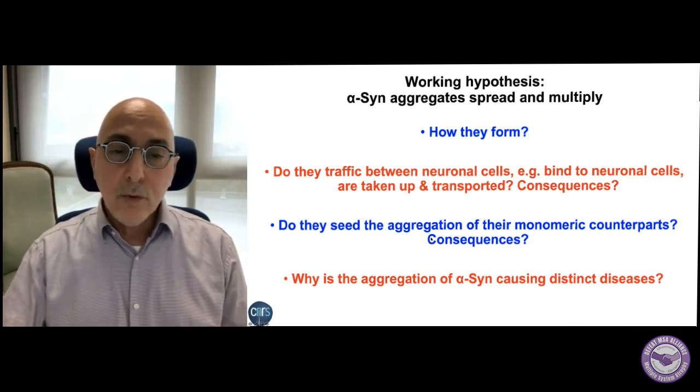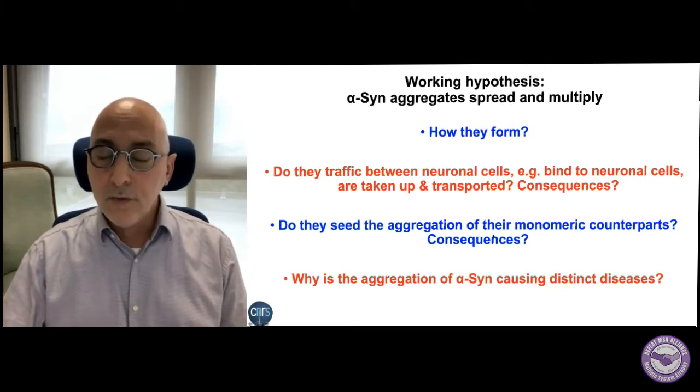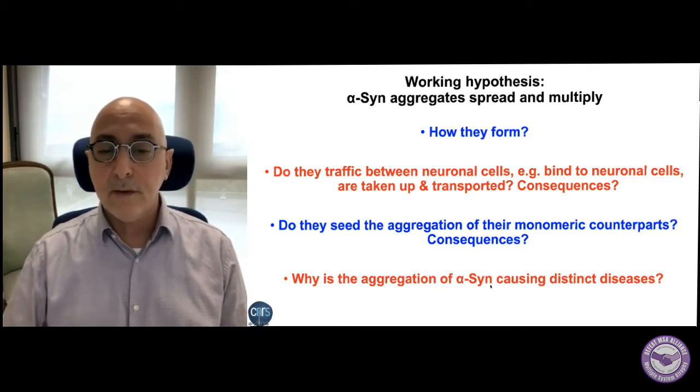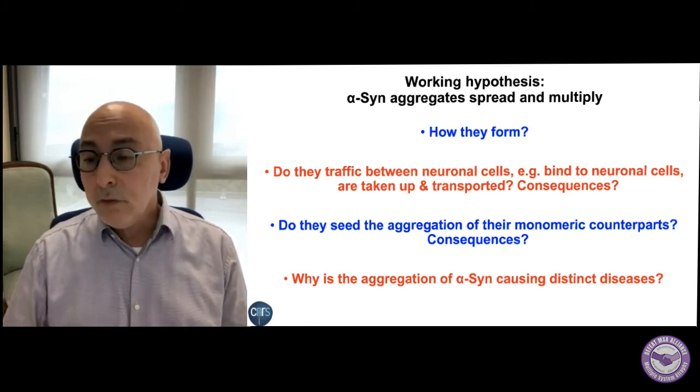I will then show you seeding of endogenous alpha-synuclein by these exogenous aggregates and what the consequences are. And I will finish with a part dealing with how alpha-synuclein aggregates can cause different diseases.